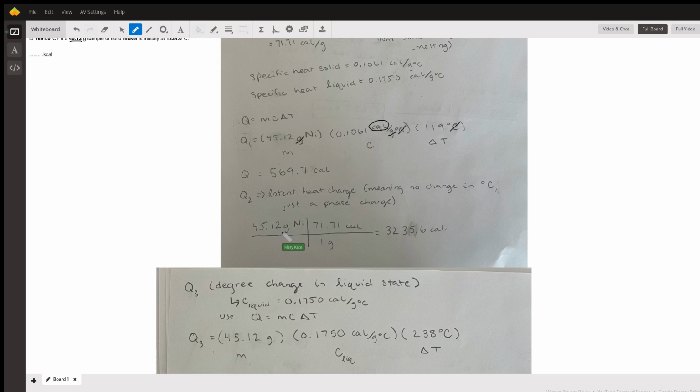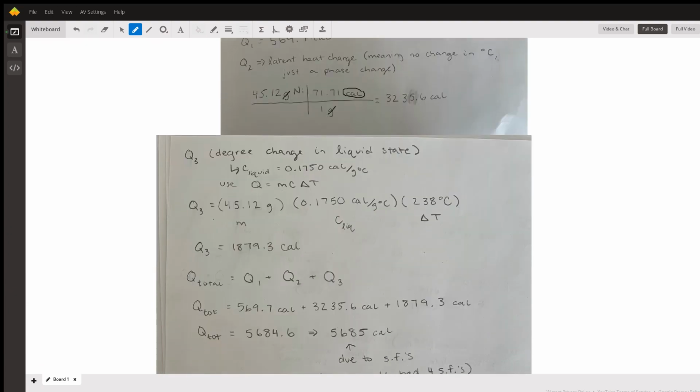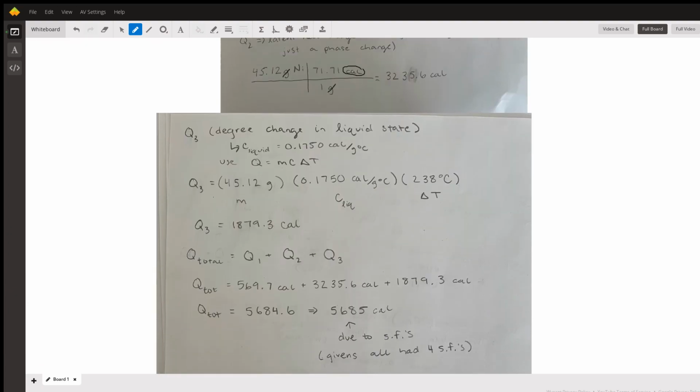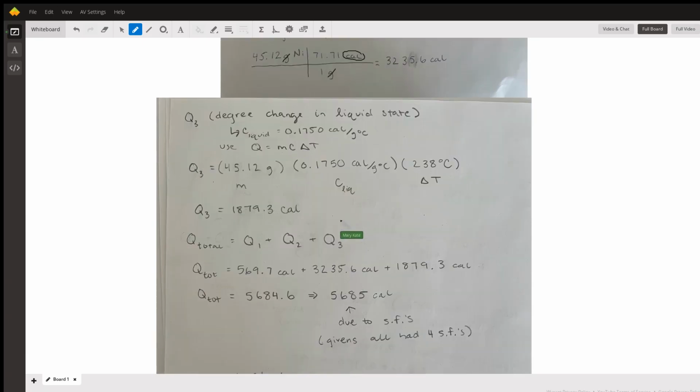If we multiply those together, crossing out our units, we're left with units of calories, and that'll end up being 3235.6 calories. And that's our Q2.